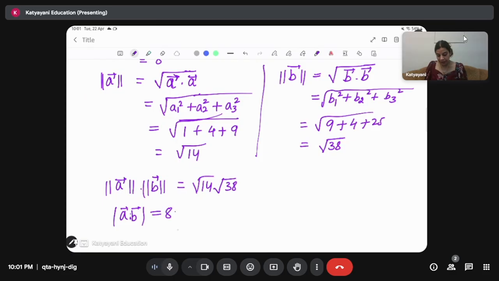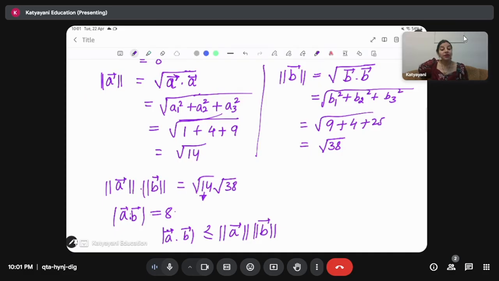You can clearly see that here this a dot b, which is 8, is less than or equal to the norm of a into the norm of b, right? Because 8 is less than the square root of 14 and the square root of 38. The square root of 14 would be somewhat less than 4 but greater than 3, so it would be something greater than 3. This would be something greater than 6. So 3 into 6 is 18, and then this has to be something greater than 18.